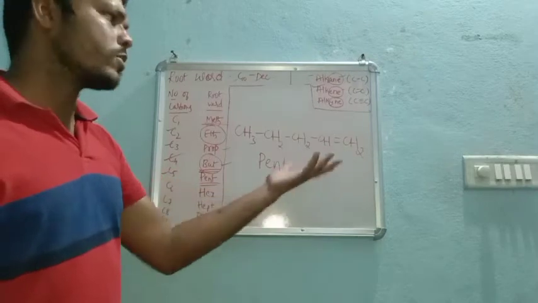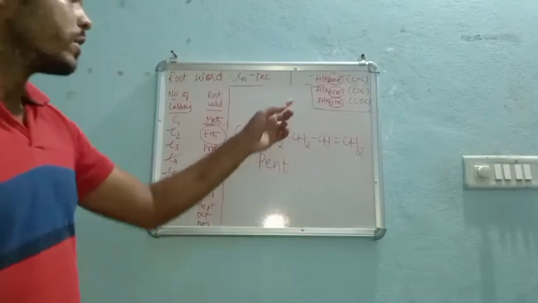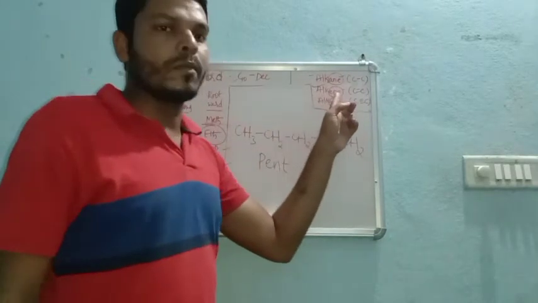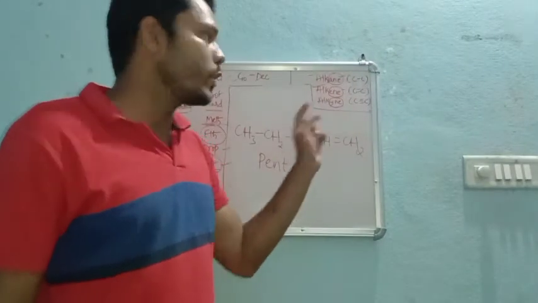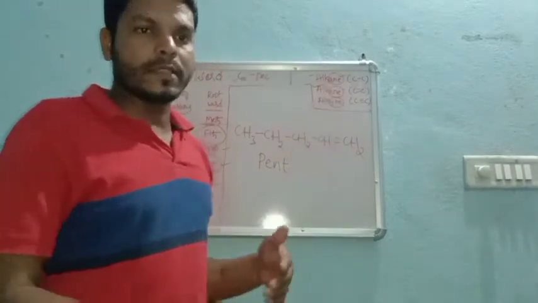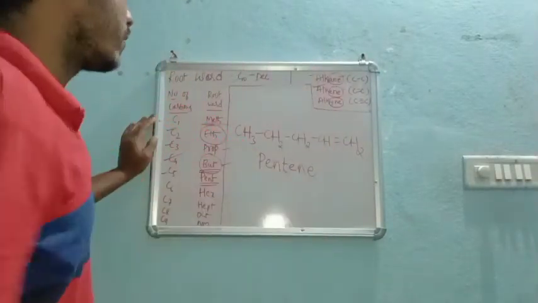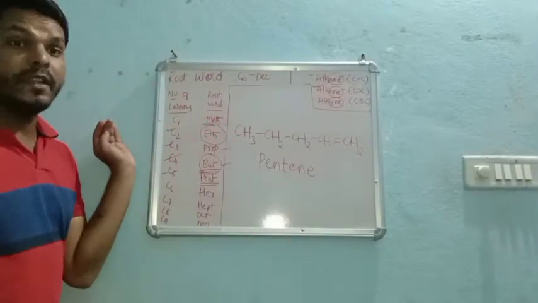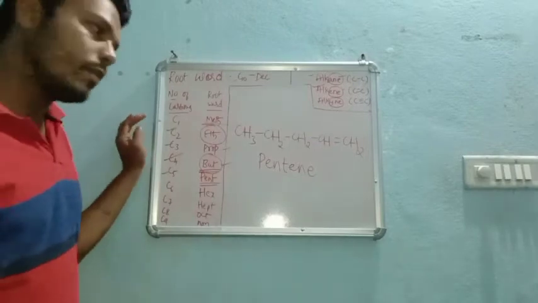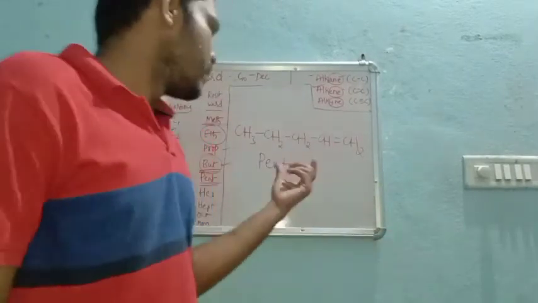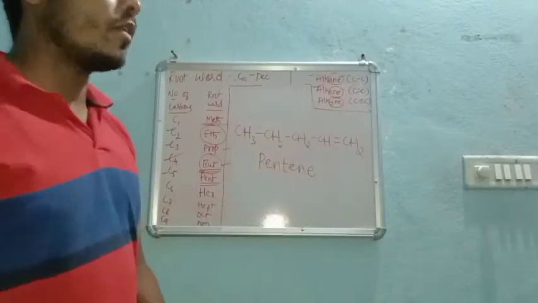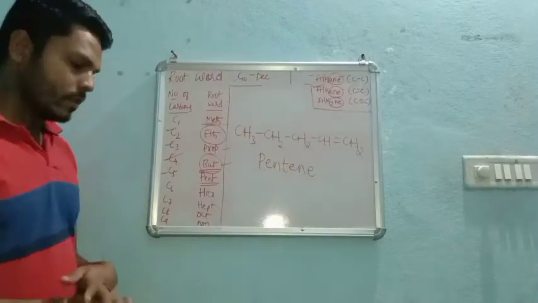Double bond means unsaturated compound, of course. If there is an unsaturated compound, then we need to add ene as a suffix. Then we will get one name, that is pentene, right? Pent plus ene, pentene. So this is the name of this compound, we can say, right?